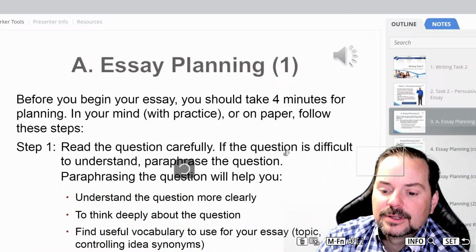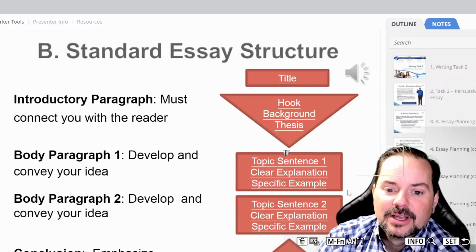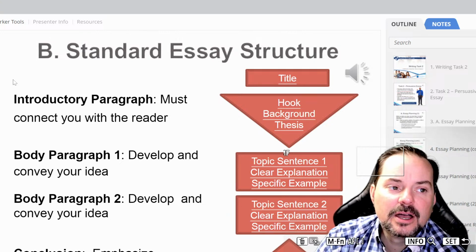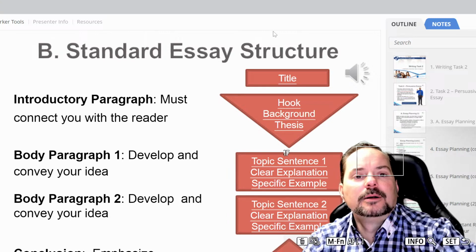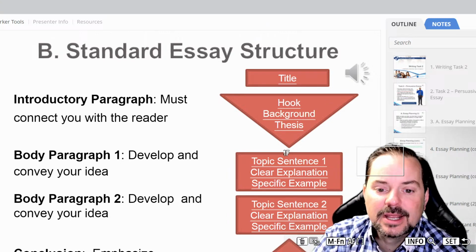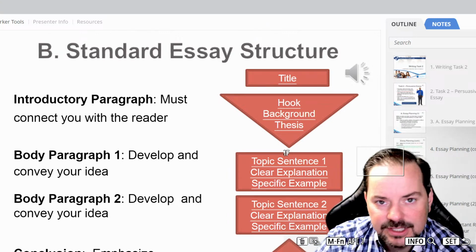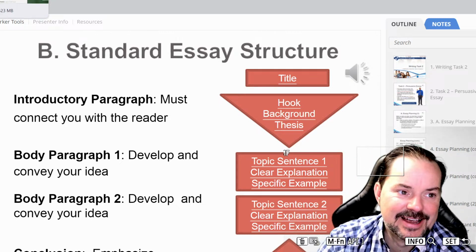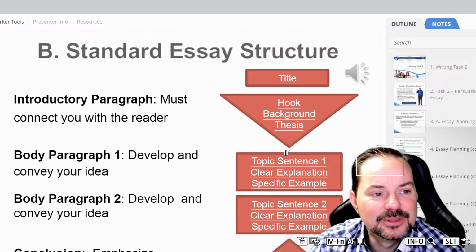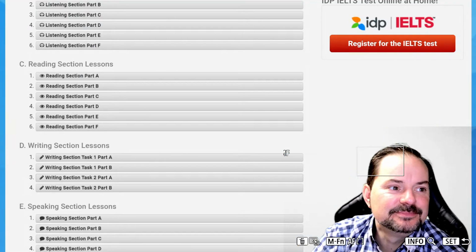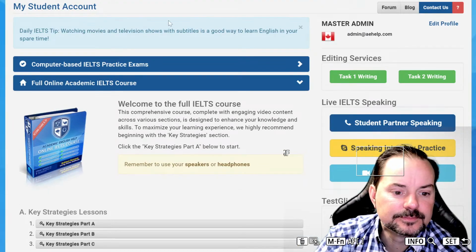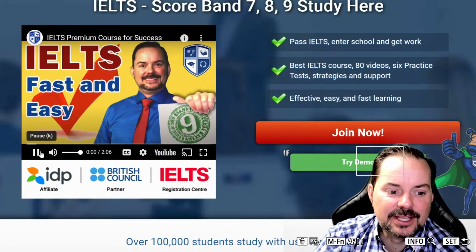So let me show you this diagram here. So the hook, the background, the thesis, this diagram with this triangle and then these body paragraphs, this is the same diagram that you see in like grade 12 or college textbooks about essay writing. Okay, you see the same diagram. We did not invent this diagram. We simply have the same diagram in the course to explain to you how to write an essay. Okay, all right. So check that out in your course.